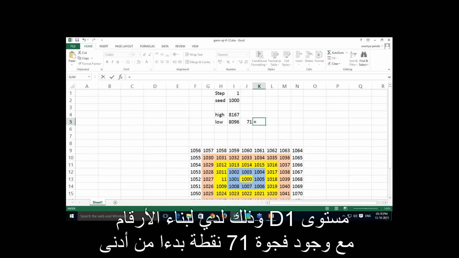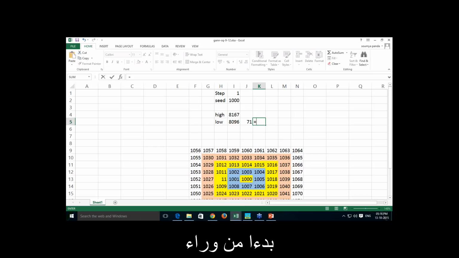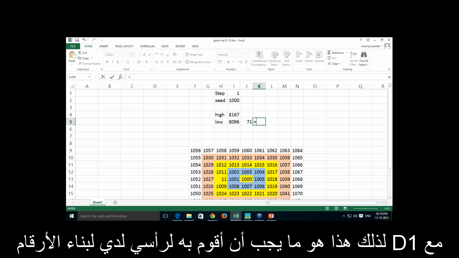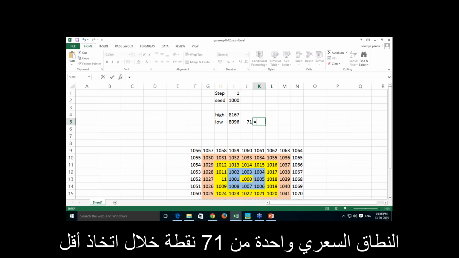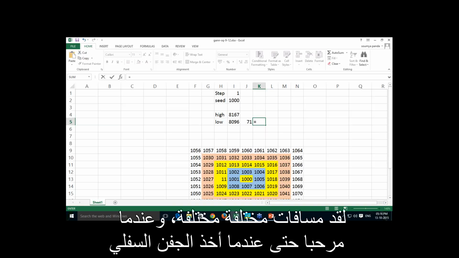So I have to construct 81 numbers with a gap of 71 points, starting from a low or starting from a high. This is what I have to do for my trade forecast. I have to construct 81 numbers with one price range of 71 points by taking the low or high.